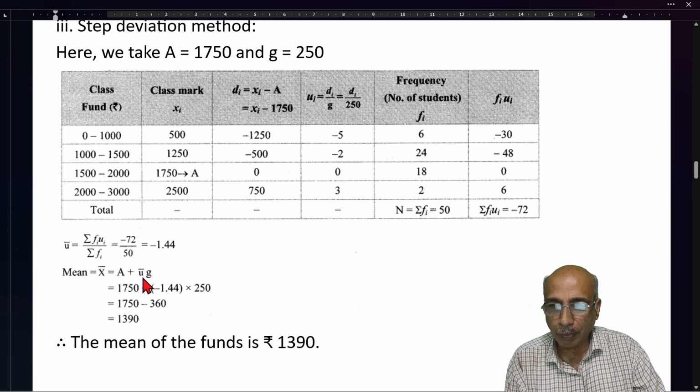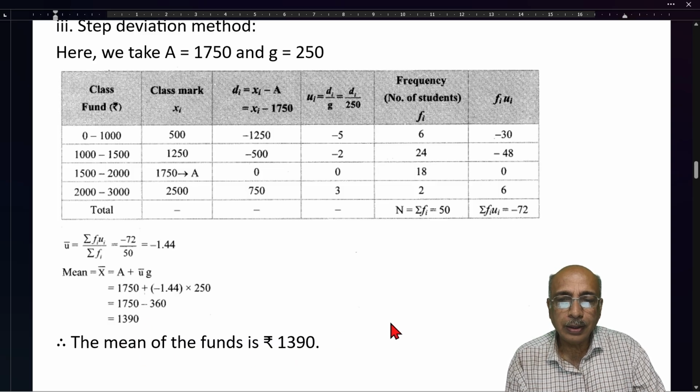So here we will multiply u bar by g: 1750 plus minus 1.44 into 250 equals 1750 minus the product of these two, 360, equals 1390. The mean of the funds is 1390.